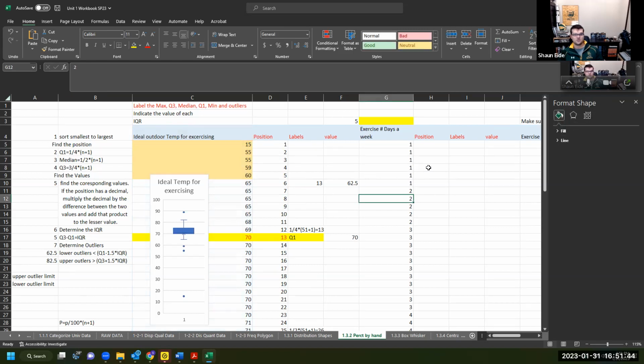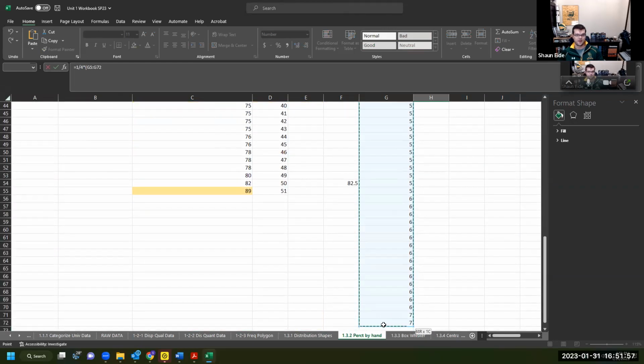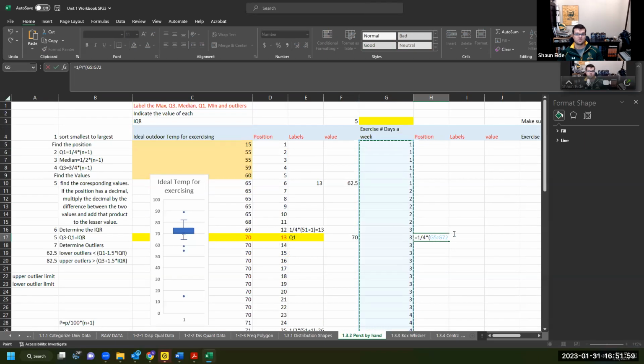Okay, so we've got equals 1 divided by 4 multiplied by 68 plus 1. Okay, so it is the position 17.25.